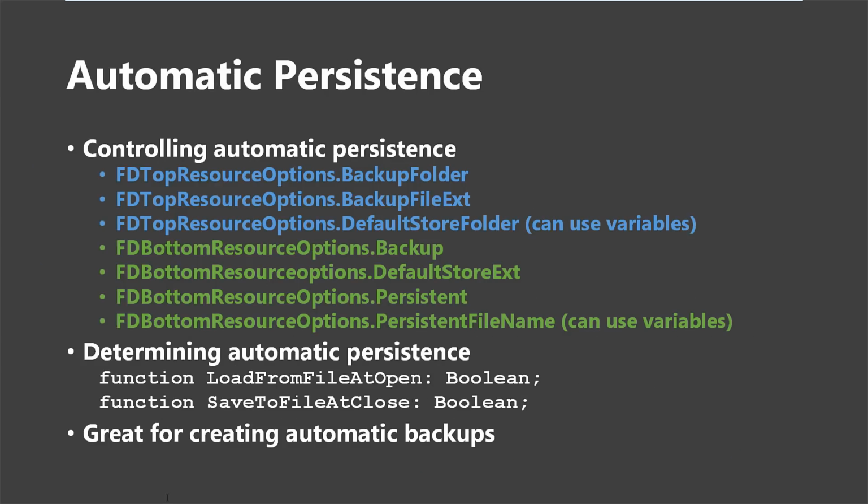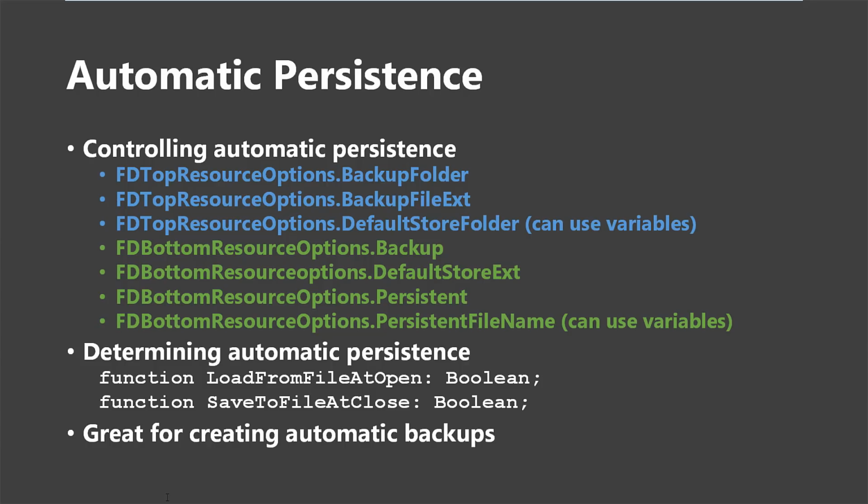Okay, now this takes us to the final topic, which is automatic persistence. Now this is a very, very cool thing, and it really applies in two specific scenarios. First of all, if you want to build an application that has relatively simple data management needs, it just needs to be able to save to a file, and then when you start up the application, load from that file and keep the data over an extended period of time, but storing it in a file instead of a database.